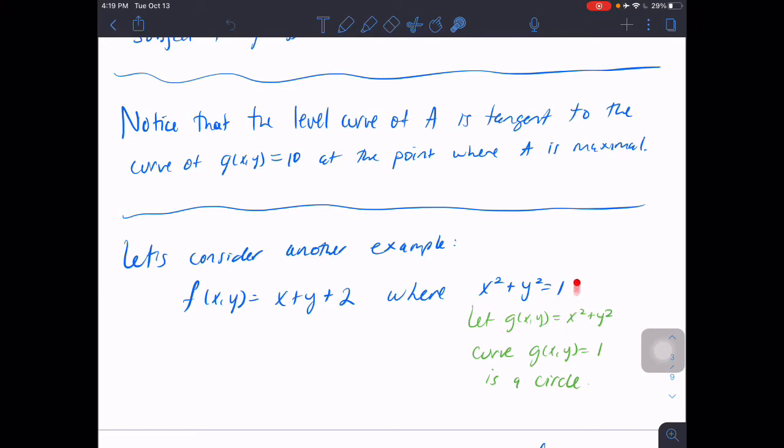Now I can think of this equation as the level curve of g equaling 1, which again is just the unit circle. We want to find the absolute maximum of this function, so those points have to lie on this unit circle, which means they have to lie on the level curve of g themselves.